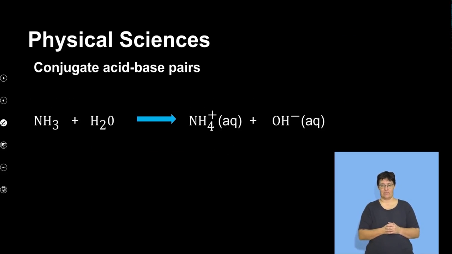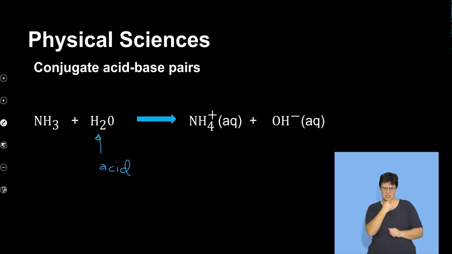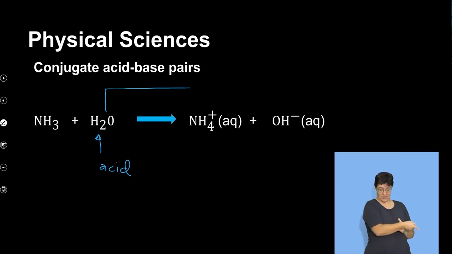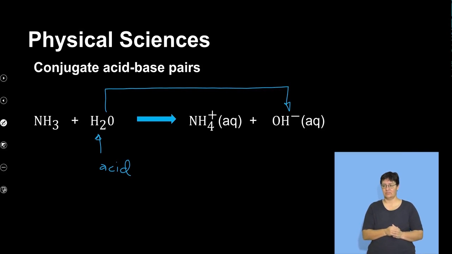Another case of a conjugate acid-base pair in this reaction: ammonia serves the role of the base, and water is the acid. Why are we saying water molecules act as acid? Because they are proton donors. So after donating a proton, this forms, and this is a pair.